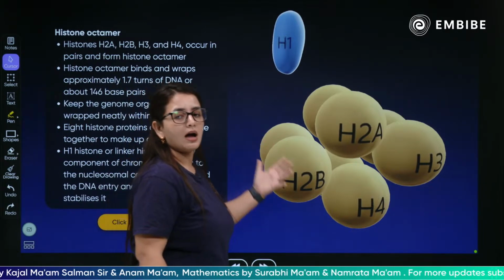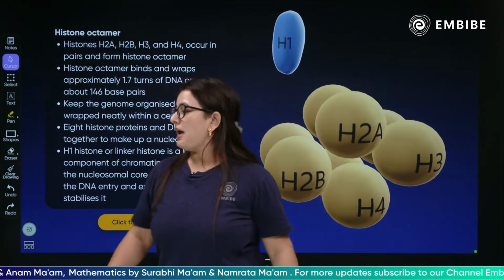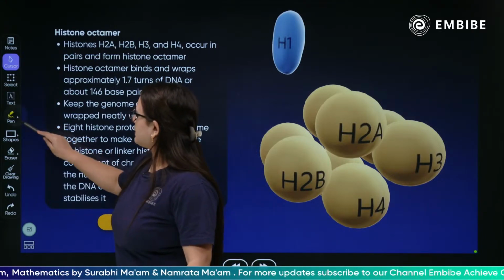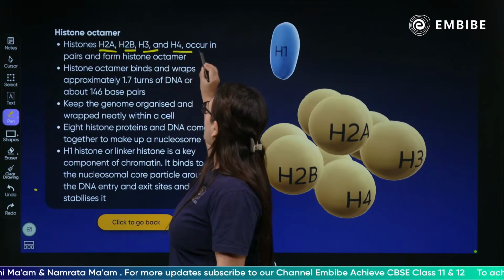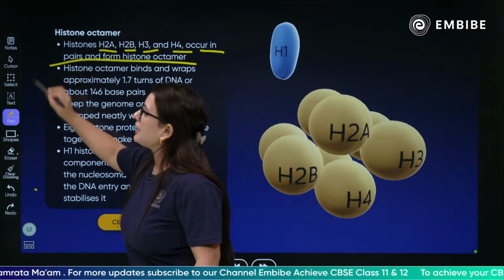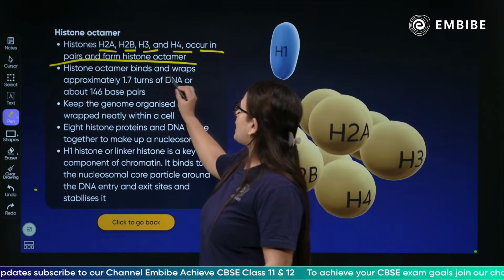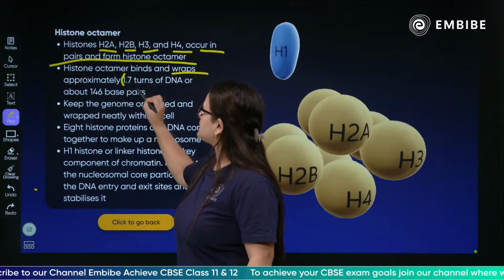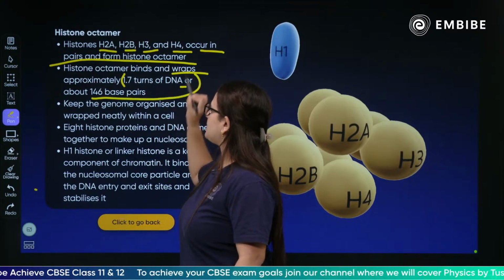Eight of them form a group, and this is what you call an octamer. H2A and H2B, H3 and H4 occur in pairs to form a histone octamer. A histone octamer binds and wraps around approximately 1.7 turns of DNA, which is approximately 146 base pairs.